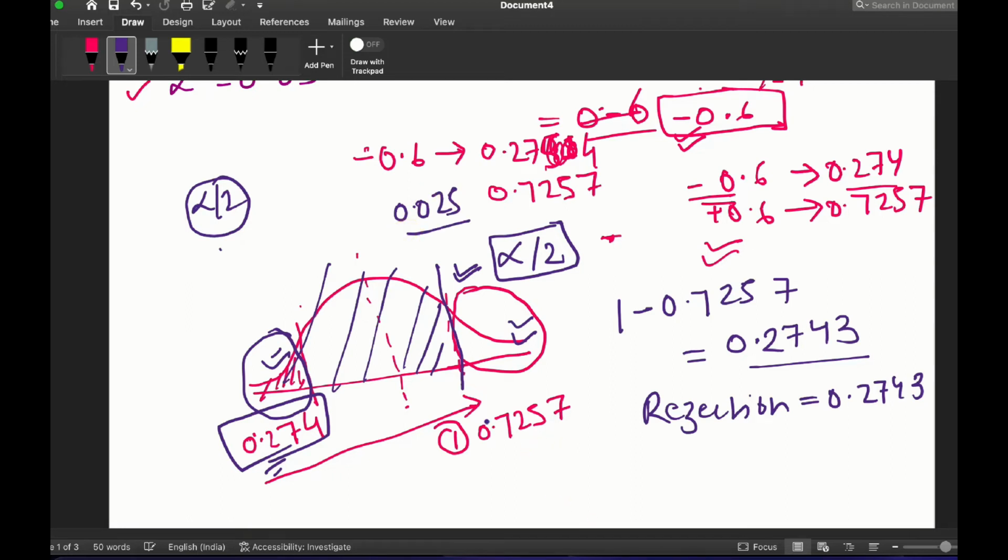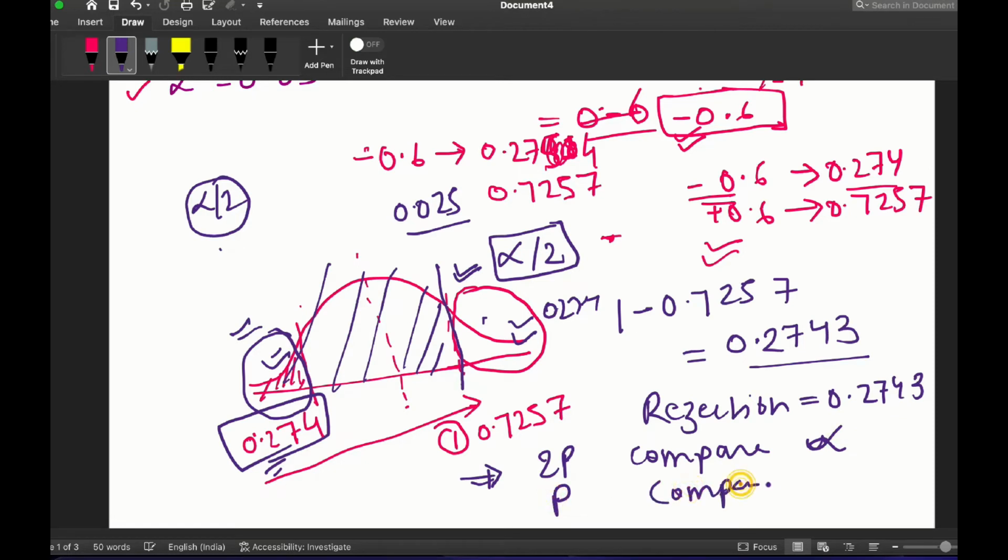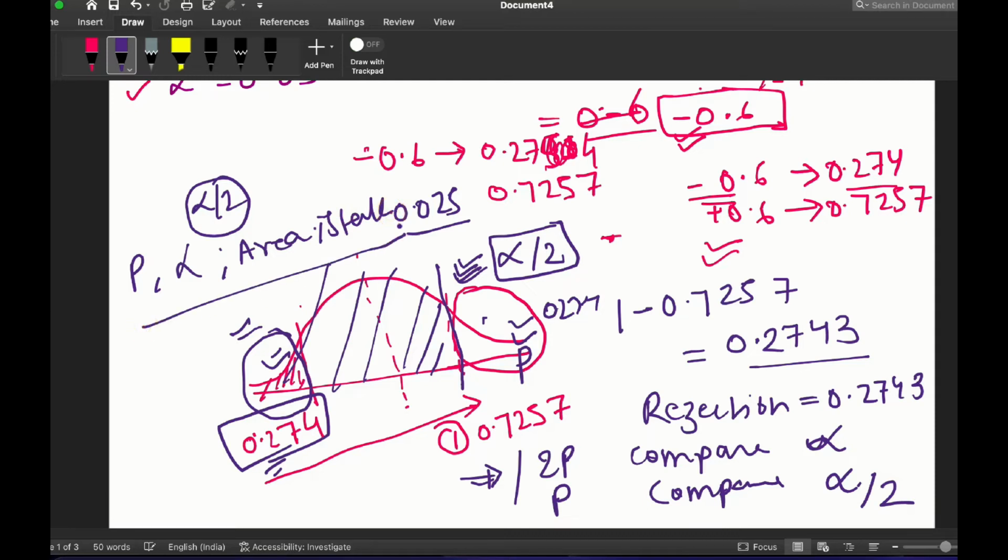So anyway, if you want, since this is 0.2743 and this is 0.025, you can either do 2p and compare with alpha, or compare p with alpha by 2. So this is the same thing. I hope you have understood what the p is here and what the alpha is, how the area is taken, and how we are calculating.